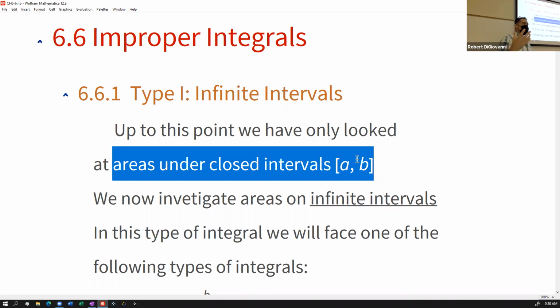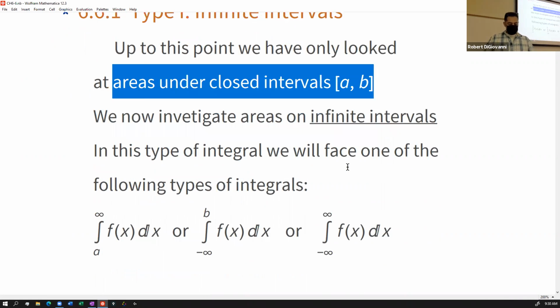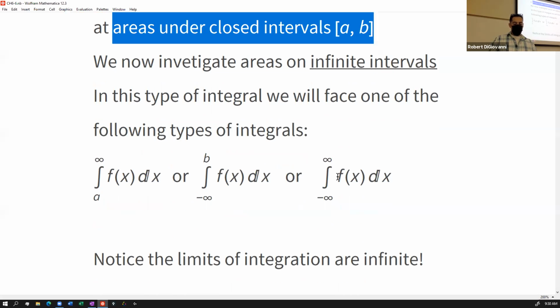Now that should probably bother you a little bit, because if you think about an interval that goes on infinitely, if we're trying to find the area, is it possible to even get a finite answer? Because you're going forever. So we'll see. It'll depend on the function. So here are the types of integrals we are now going to investigate.